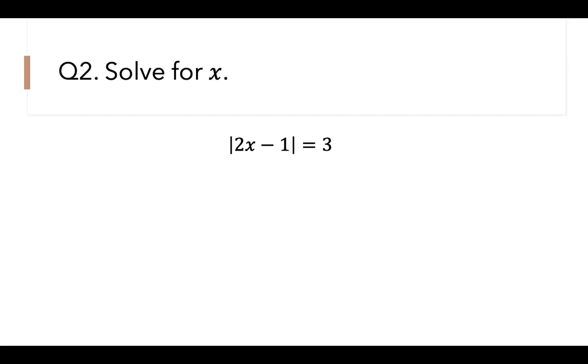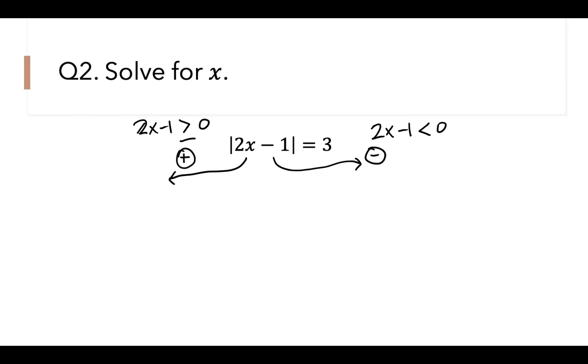Now we're going to solve for x in an absolute value equation. When we're solving for x, you have to divide it into two sections, like I said, one that is positive and one that is negative. In this case, we're setting 2x minus 1 greater than or equal to 0, and for this side, we're setting 2x minus 1 less than 0.